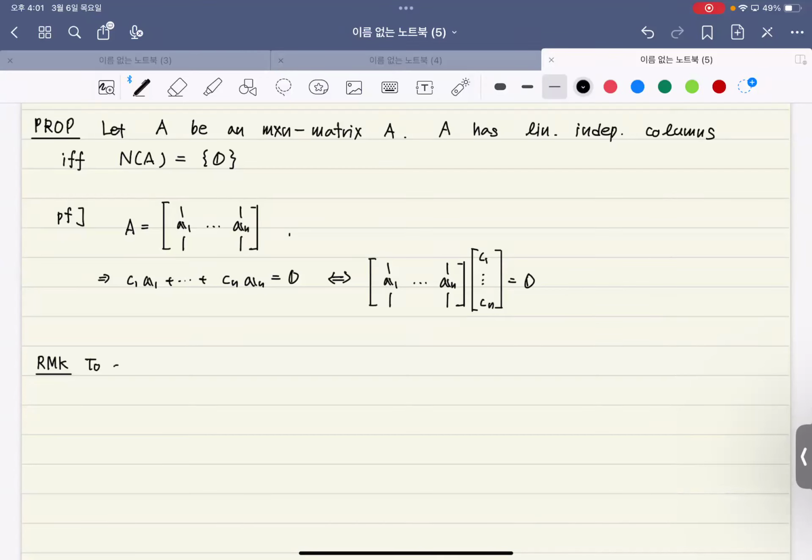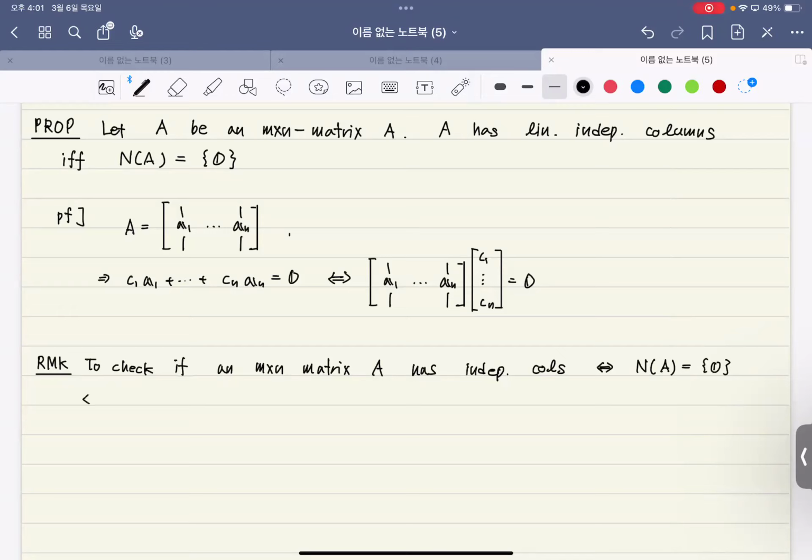Okay, so to check if an n by n matrix has independent columns, which is the same as the null space equals 0.